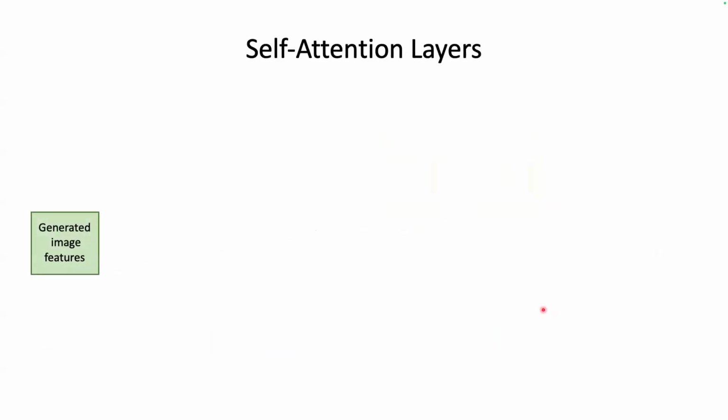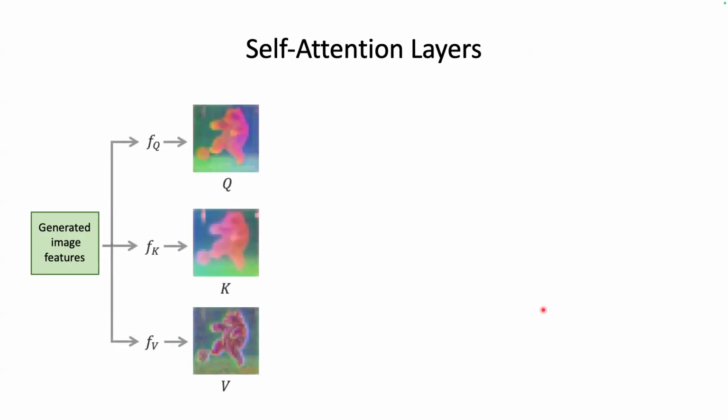Okay, so now let's actually begin. Let me start by explaining what self-attention is. The input for this layer is the feature map, which is actually the features of the generated image. In attention layers, we first project these features into three components called queries, keys, and values. Each of these components has its own role, and we're going to see it soon during the talk.